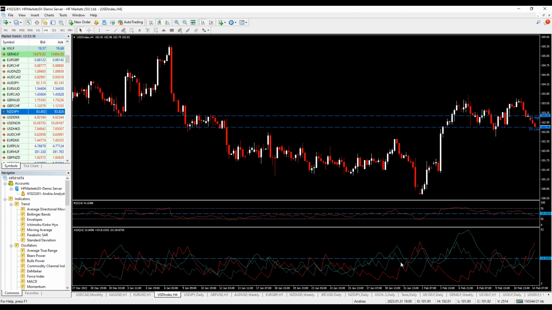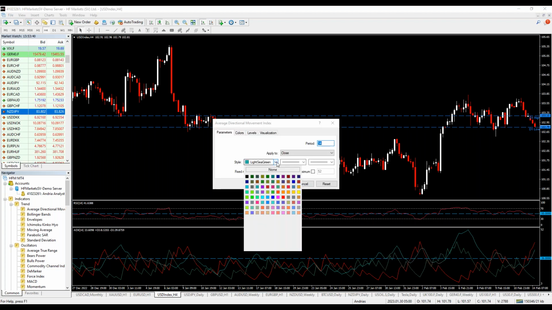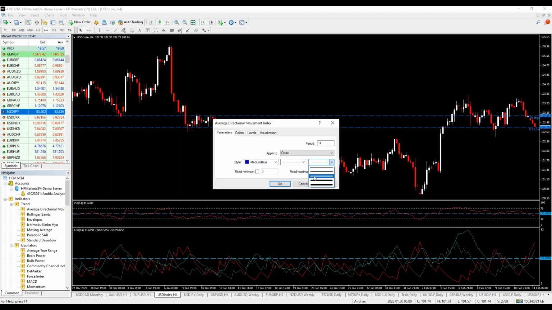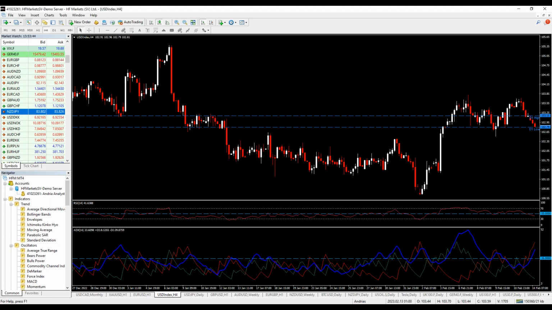So let's see that one. Let me do this in a thick blue one. It rose, came down, rose again, flirted with 25, then started moving higher, breaking my previous highs.